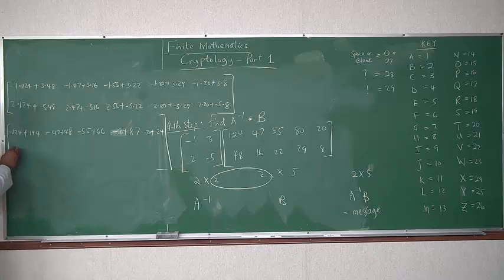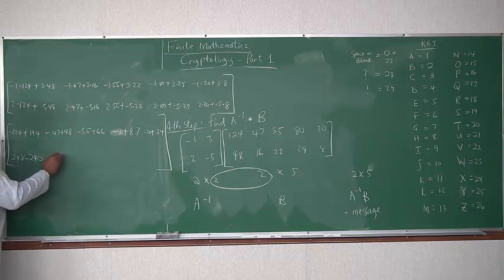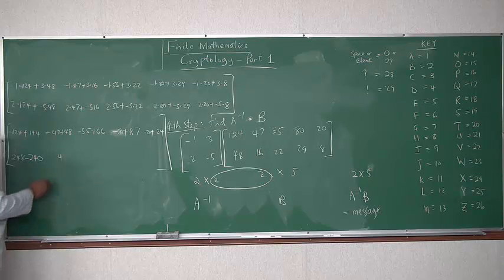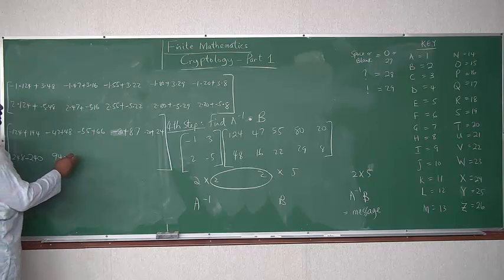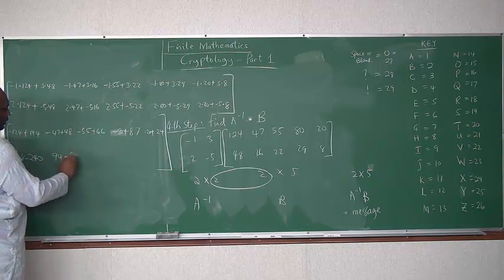Then here we have 2 times 124, 248, minus 5 times 48, 240. 2 times 47, 94, minus 5 times 16 is 80.